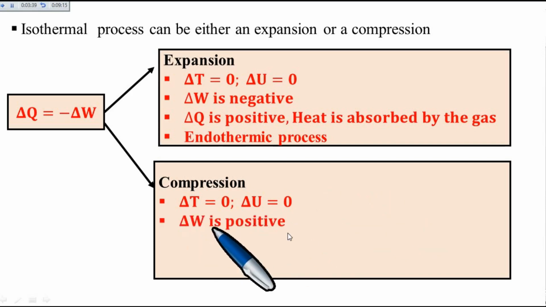The dW is positive because the work is done by the surrounding on the system. If there is work done in compression, the surrounding is doing the work on the system, and that work is stored as the internal energy. In this case, dW is positive. The work done here is positive.